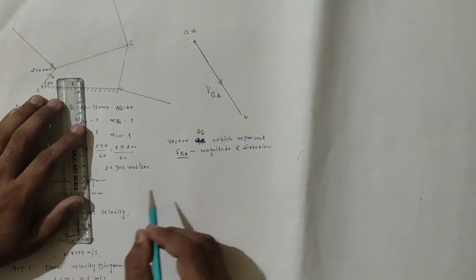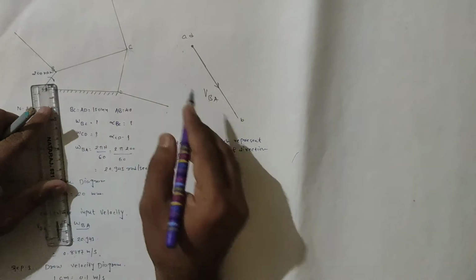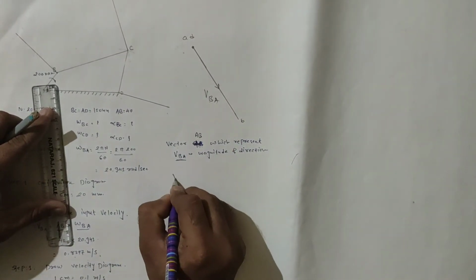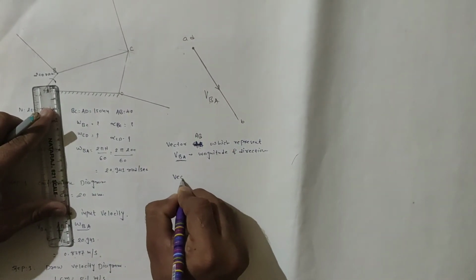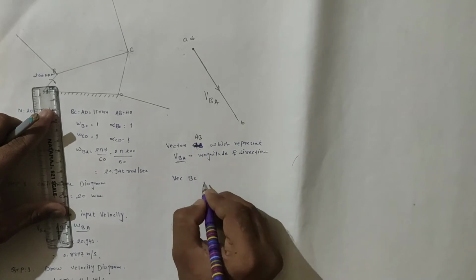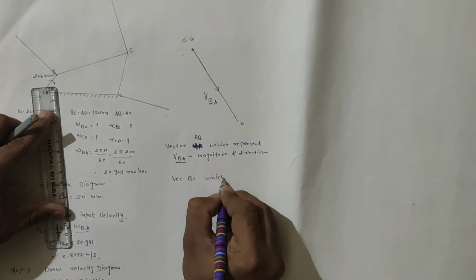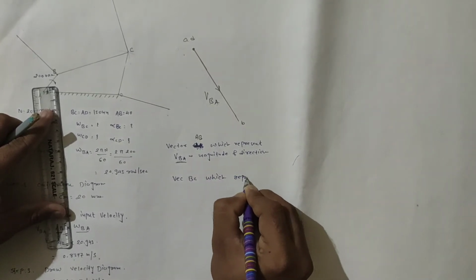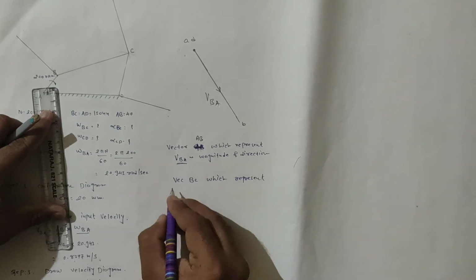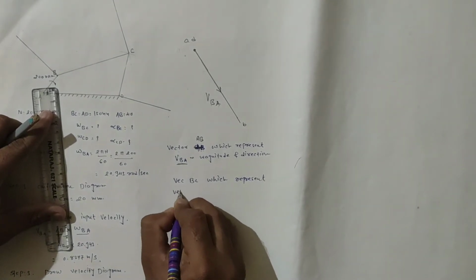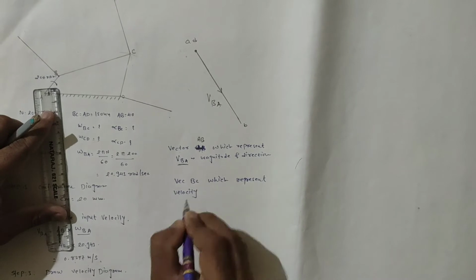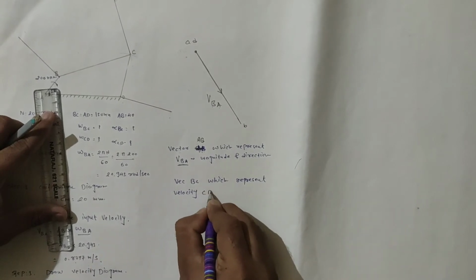Now, to represent vector BC, we draw vector BC, which represents the velocity of CB.